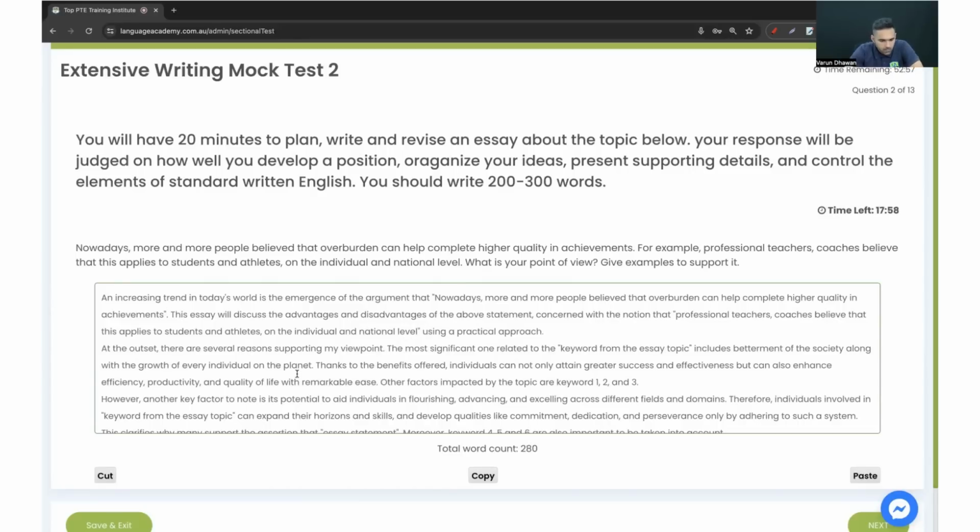That's it. At the outset, now over here we have to write few keywords. If we write the whole essay topic again, we'll exceed the word limit.